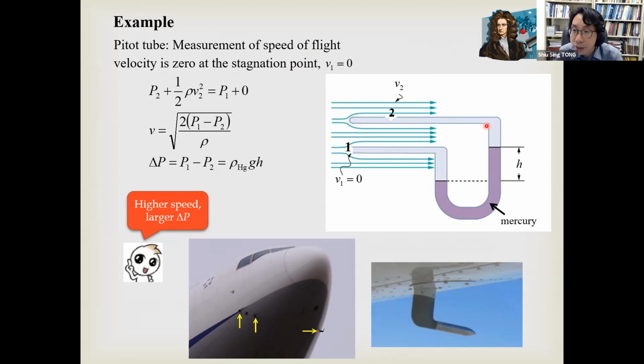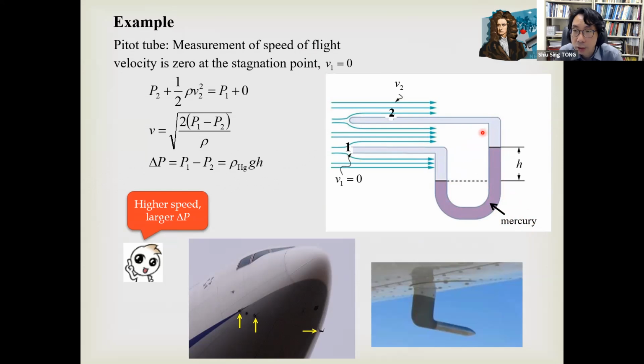This is a simplified diagram showing the internal structure of a pitot tube. The tube is connected to a U-shaped region here, which is filled with a liquid, presumably mercury. Due to the pressure difference in the two columns of air, there is a difference in height h in the mercury column.